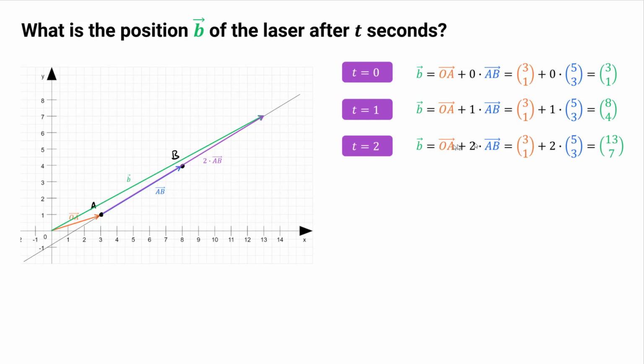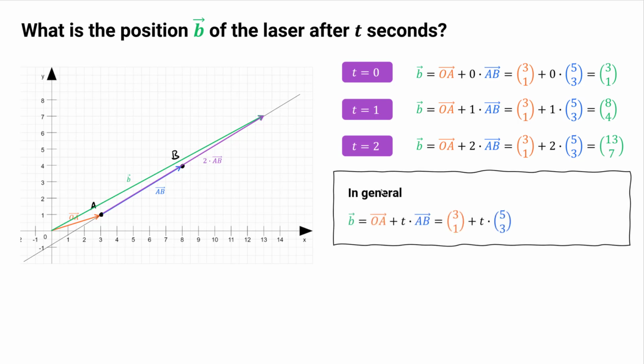So you already see there's a general pattern here from which we can derive the position after t seconds. You see we always have the same starting position here, and we have the same direction vector. The only difference is that we multiply it with a different factor depending on the time that has passed.